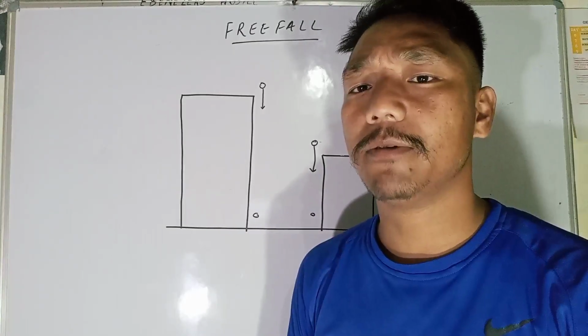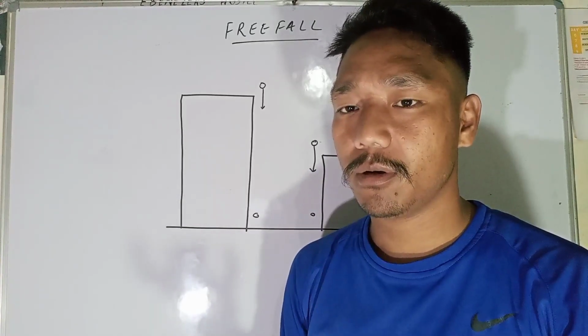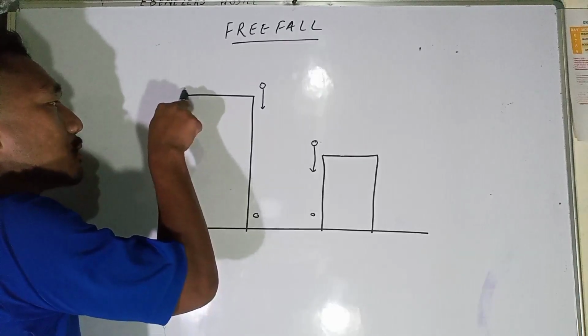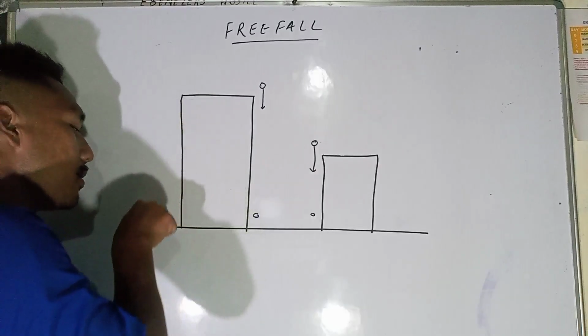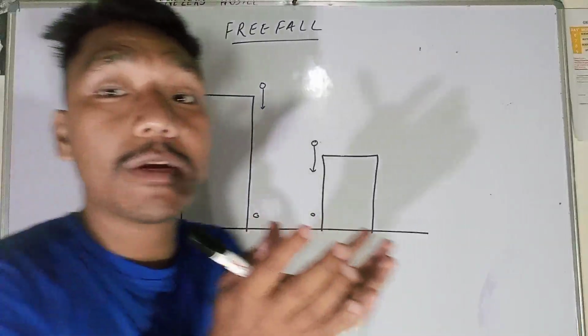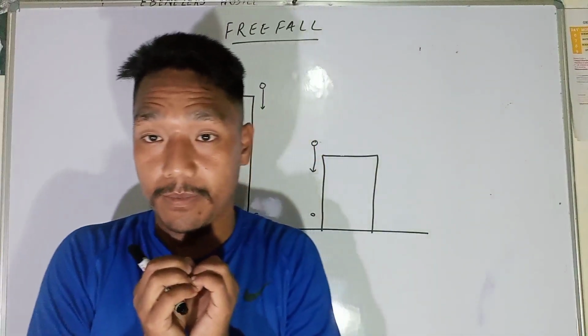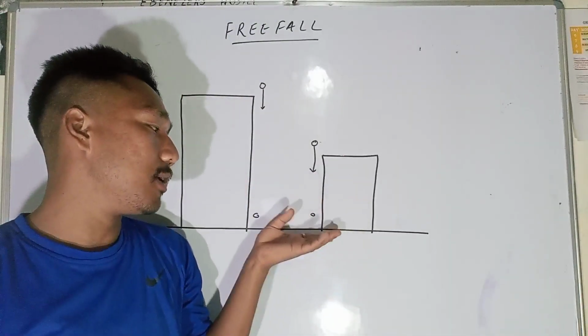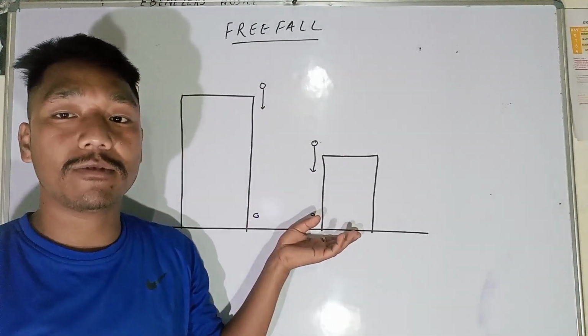Which one will be difficult to collect? The one which is very high. If you throw the ball from there, it will be very difficult to collect.